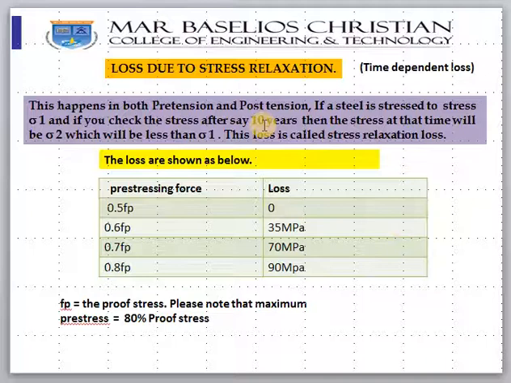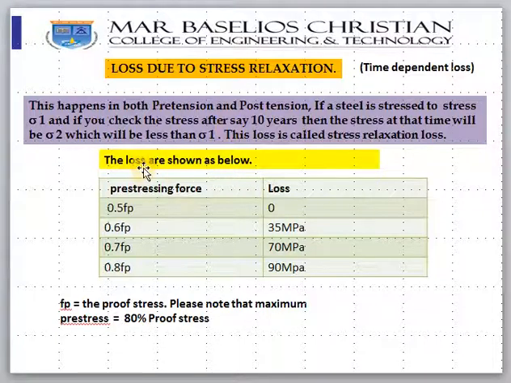Another thing, the last one in this case, is loss due to stress relaxation. This means that, for example, you have done pre-stressing, the steel is pre-stressed and concrete is cast today, and after some 10 or 15 years you come back and check the stress in the steel. That stress will be less, so a loss would have happened over the course of time.